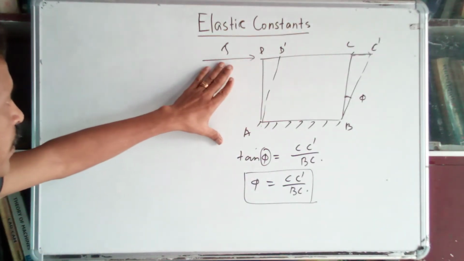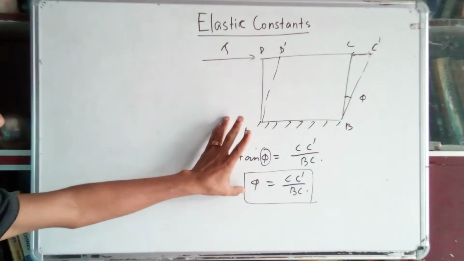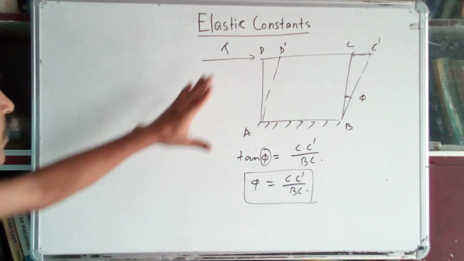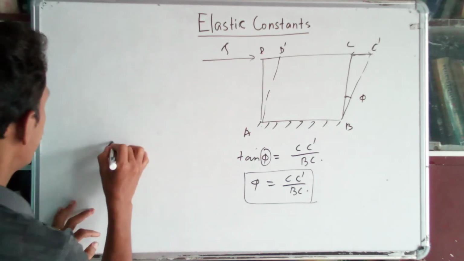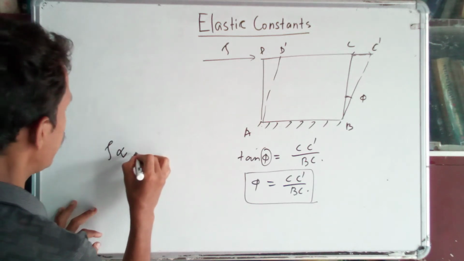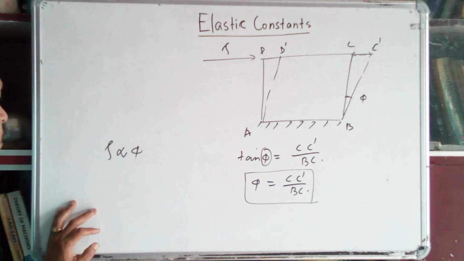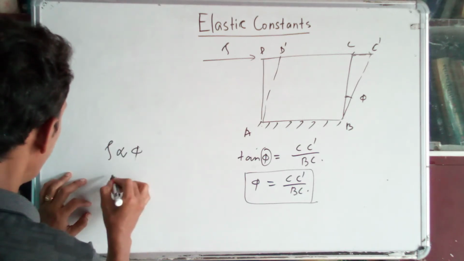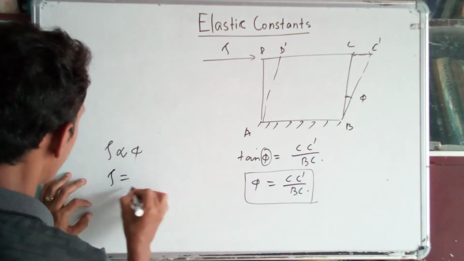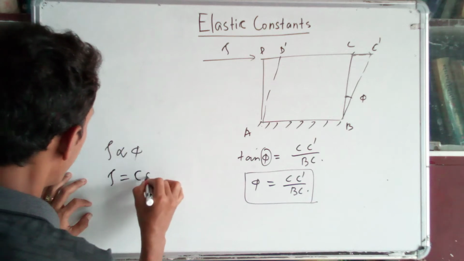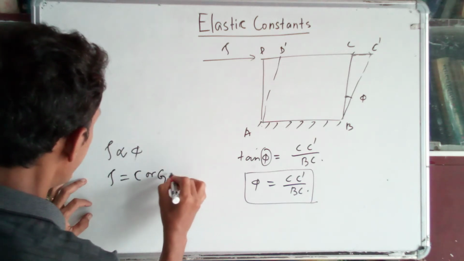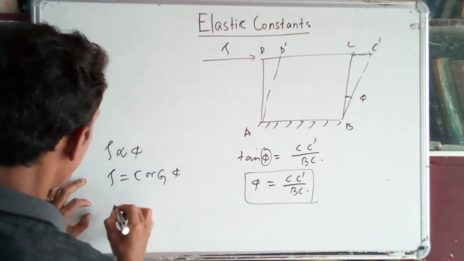Now there is a relation between the shear stress and the shear strain. Shear stress is directly proportional to the shear strain. So the shear stress is equal to C, or you can write G, into phi.